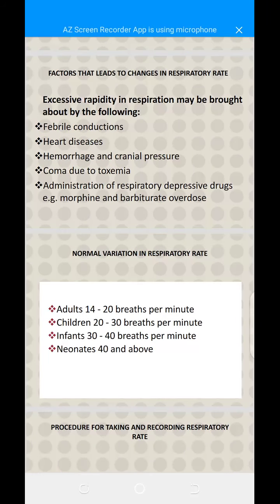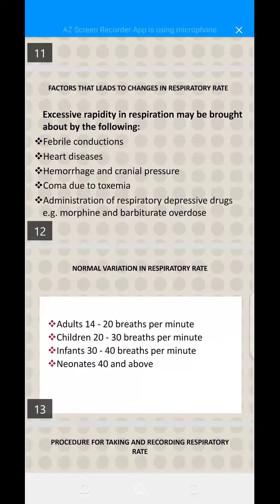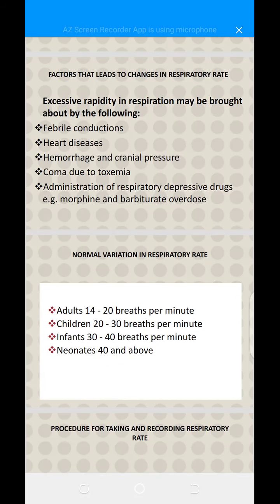Number two, heart diseases. Heart diseases can also cause respiratory rate to increase. That is, if somebody is having any heart problem, it could lead to an increase in respiration. Then we also have hemorrhage and cranial pressure. That is, if somebody is bleeding, the respiratory rate may also change.